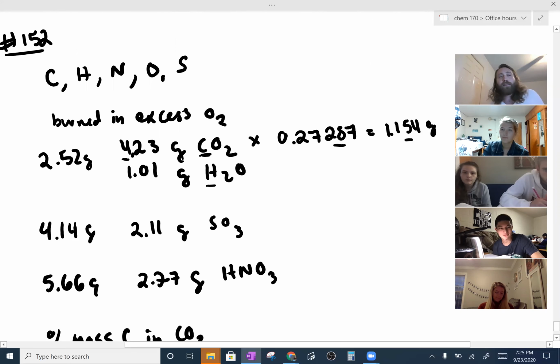Yeah, so in this case, the oxygen is always in excess, which means that any of the oxygen that's coming in here, I can't trust the mass of it because I'm getting so much oxygen from the environment. So the only way that I'm going to be able to figure out the percentage of oxygen in the final empirical formula is to do a subtraction from 100. So my goal here is to get all 4 of the others, add them together, and then subtract from 100, because all of these are in the presence of oxygen. So there's no way I can separate it out other than subtracting it from 100.